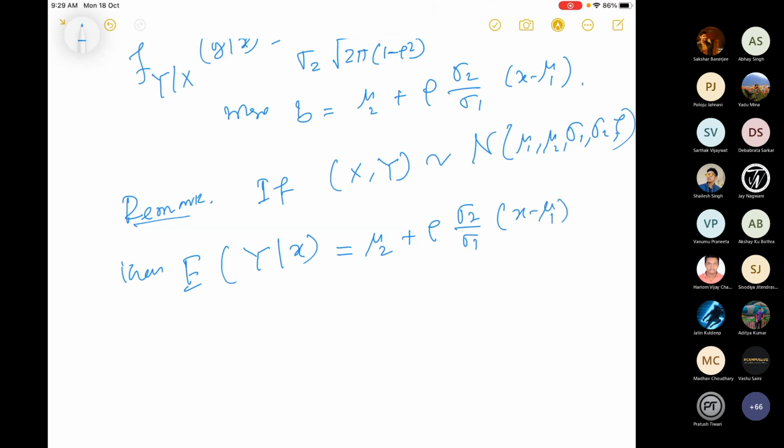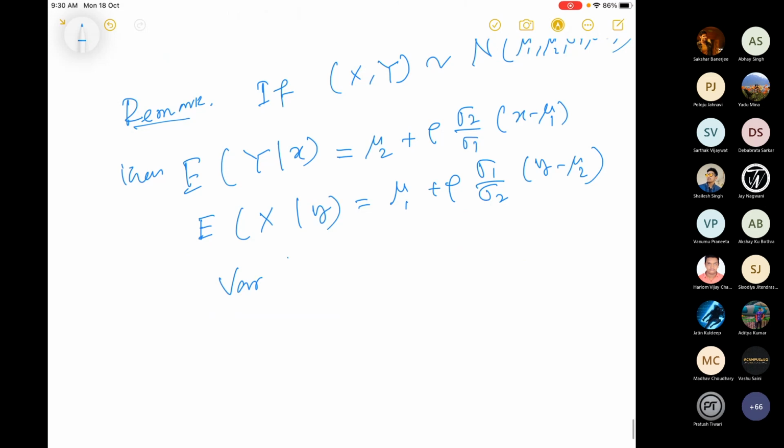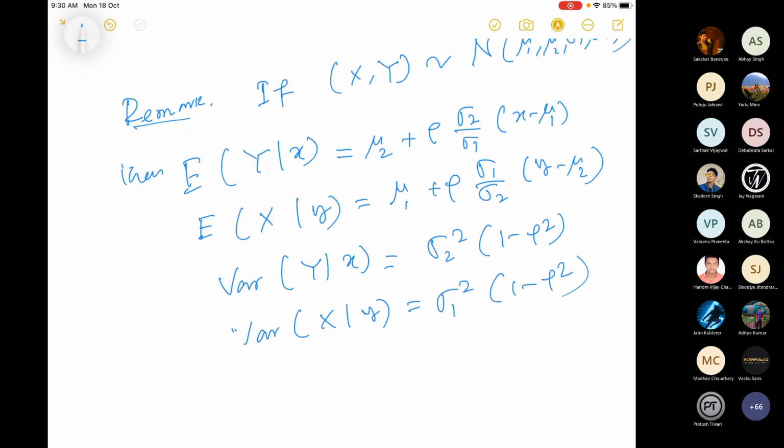And the expectation of X given Y, the conditional mean, is mu 1 plus rho sigma 1 by sigma 2 times (y minus mu 2). And the conditional variance of Y given X is sigma 2 square times (1 minus rho square). You can see the lecture notes of the last class; all those expressions we have proved.